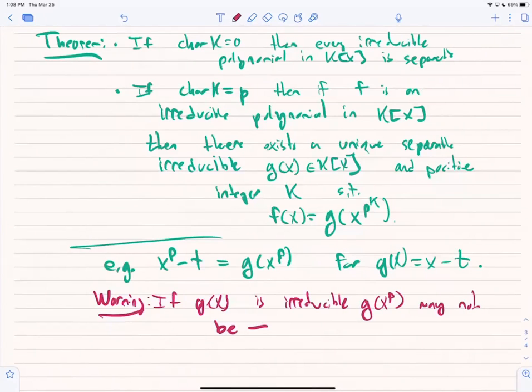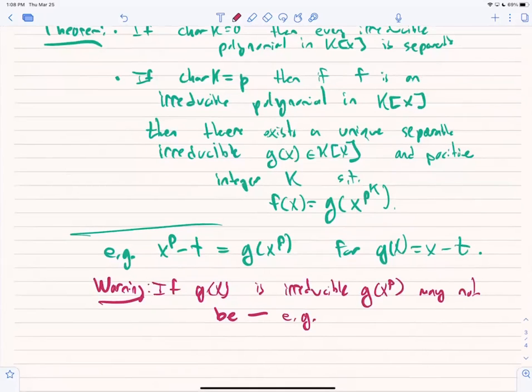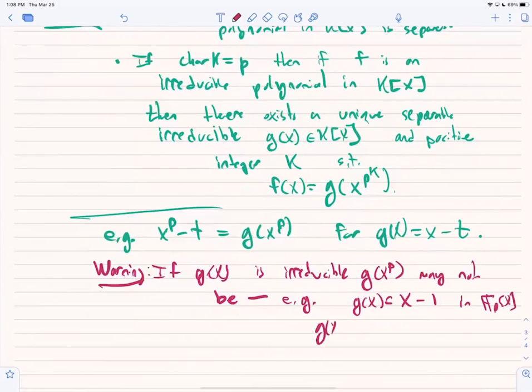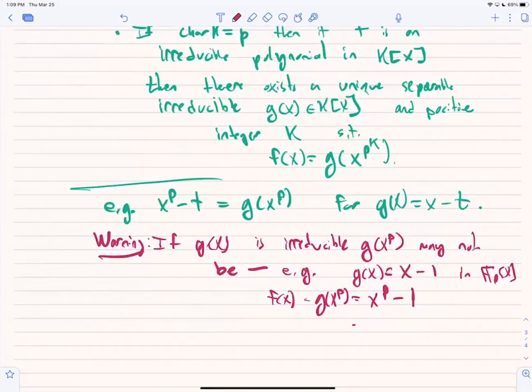For example, if I take g(x) equal to x minus 1 in F_p[x], then f(x) equal to g(x to the p) is equal to x to the p minus 1. Well, this is not irreducible because this is equal to (x minus 1) to the p, by the same binomial coefficient argument as before.